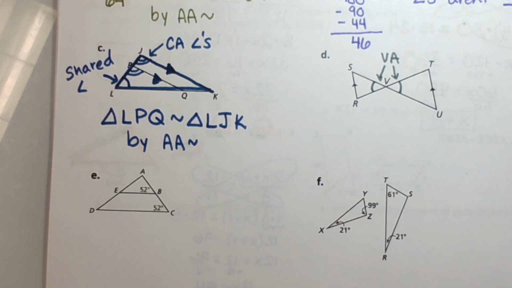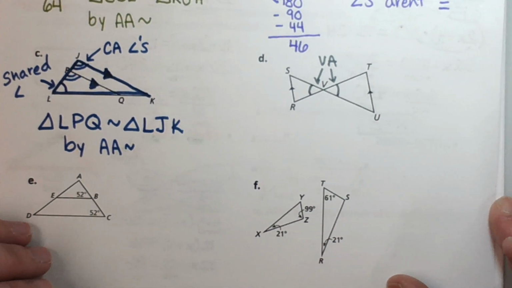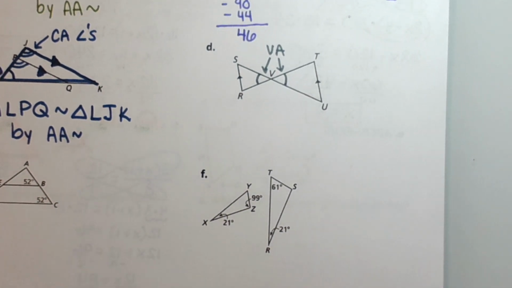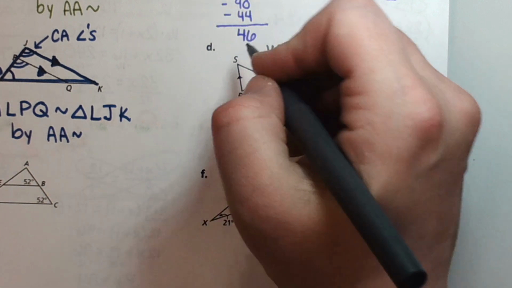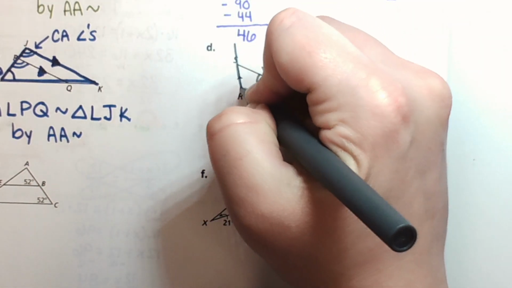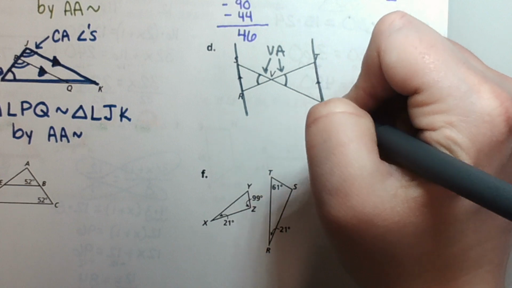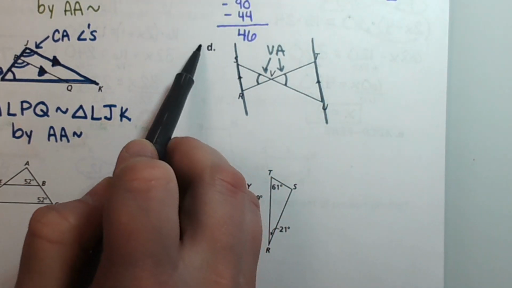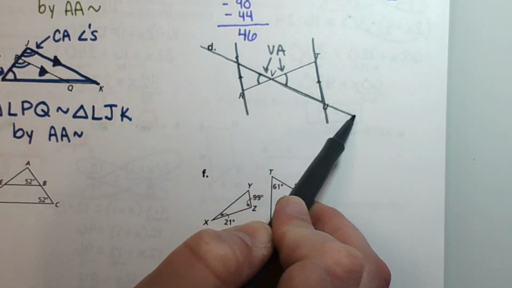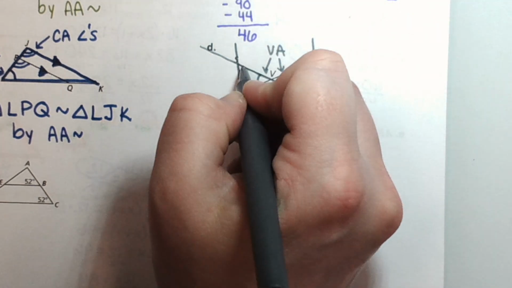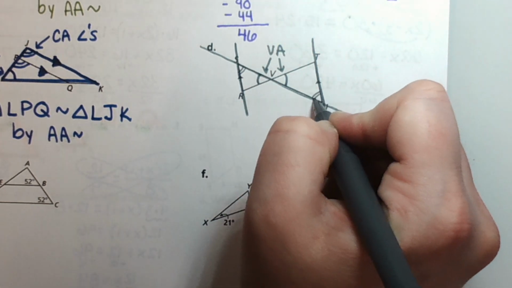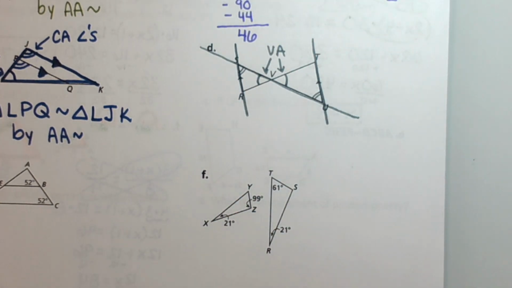Do we have any other congruent pairs? You have parallel lines being cut by transversals. I'll use this one. It makes this angle in the triangle and this angle in the triangle.